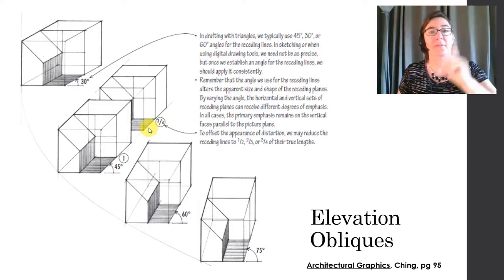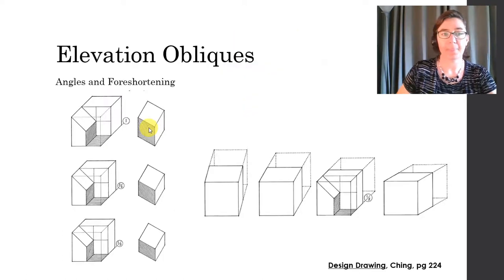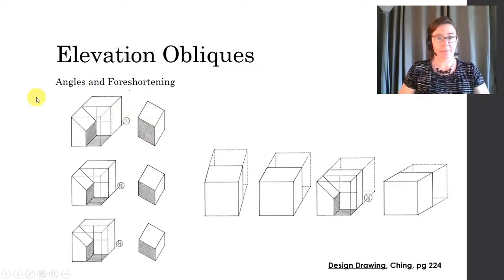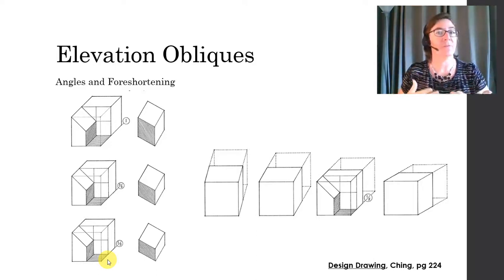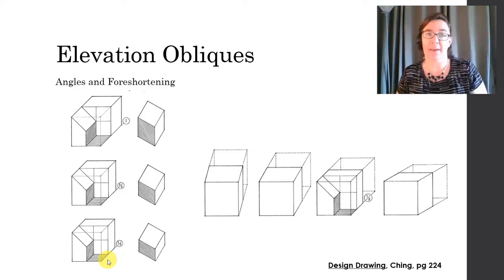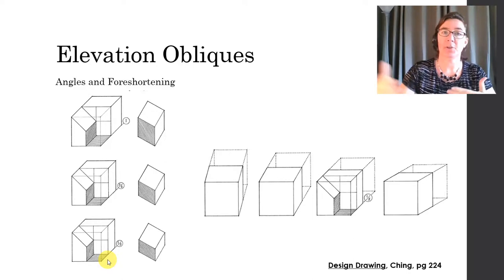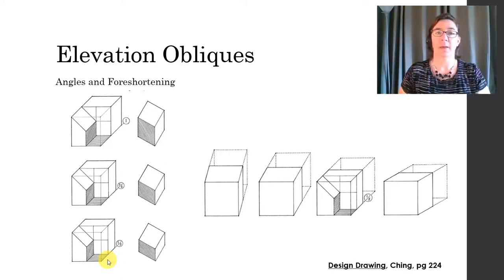I have one more illustration of the same thing, and here it is. We can see that the object is 100%, here's at 3/4, here's at 2/3. The 100% often appears to us visually as exaggerated or overextended, and that's why many designers choose to foreshorten their oblique drawing.